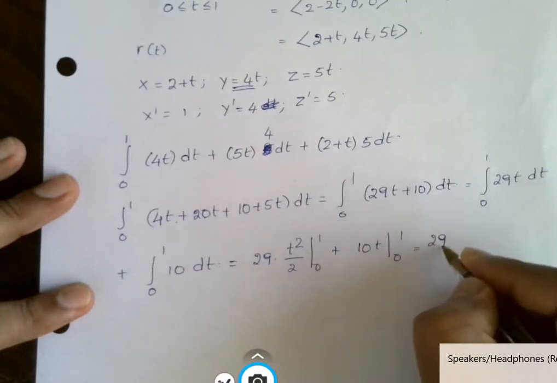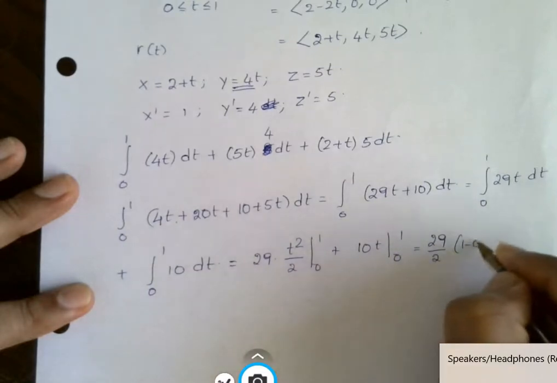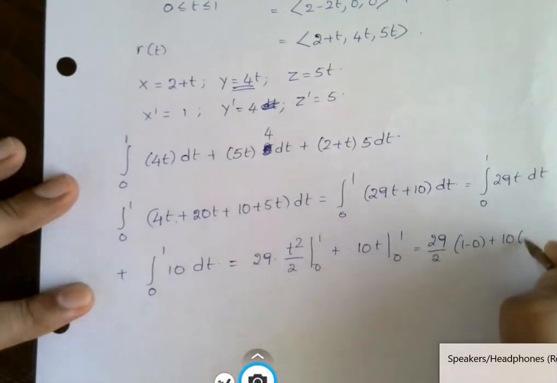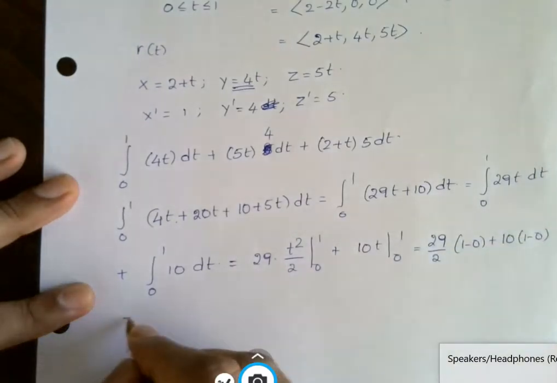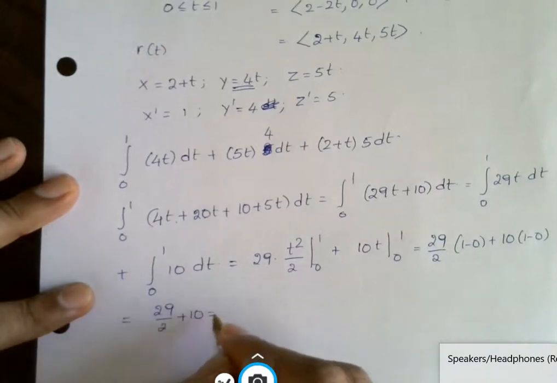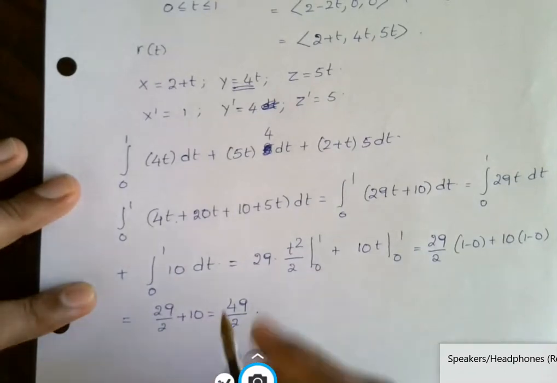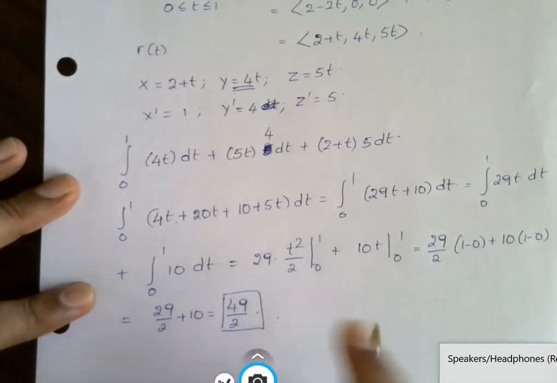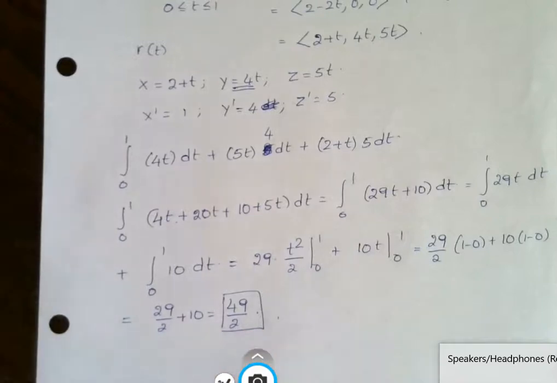So that gives you 29 over 2 times 1 minus 0, plus 10 times 1 minus 0. That's going to be 29 over 2 plus 10, which is 49 over 2. So the value of the line integral over C1 is 49 over 2.